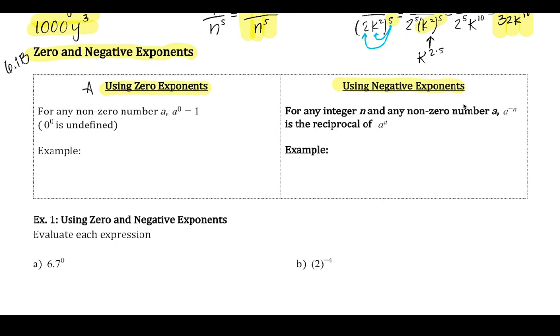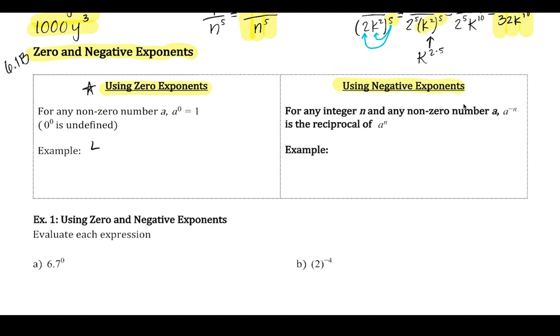For zero exponents, it says for any non-zero number a, a raised to the 0 power is 1. And then 0 raised to the 0 power is undefined. So basically for any number other than 0, or even any variable, if it's being raised to the 0 power, it's equal to 1.